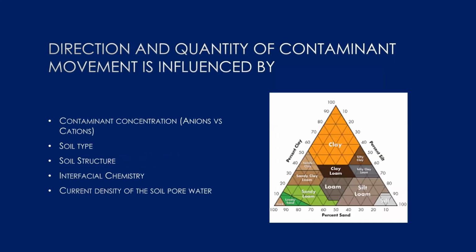The direction and quantity of the contaminant movement is influenced by the contaminant concentration, anions versus cations, soil type, soil structure, interfacial chemistry, and current density of the soil pore water.